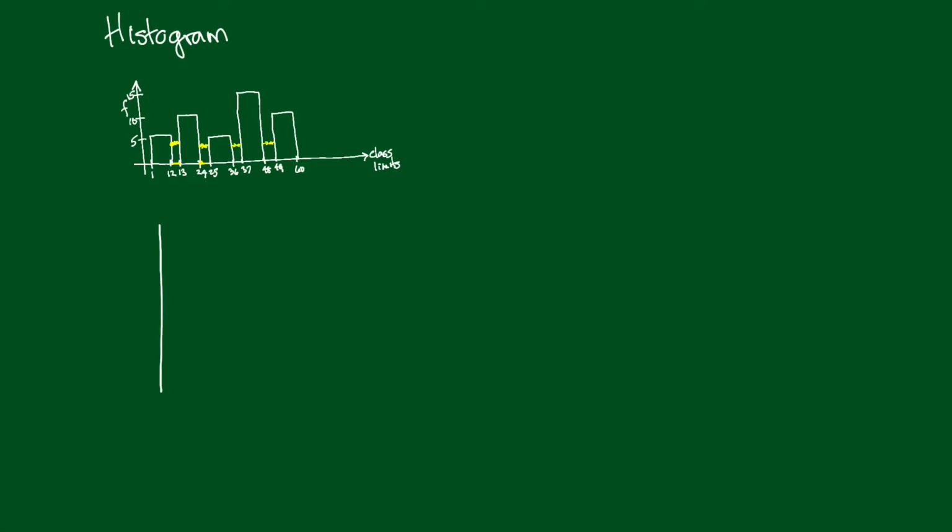I will draw my vertical axis of the frequencies. We'll draw our horizontal axis. Now this is not class limits this time. This is going to be class boundaries. Remember the class boundaries, you subtract a half and go up a half.